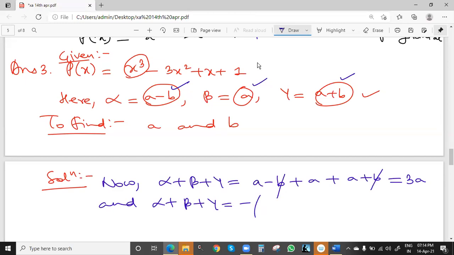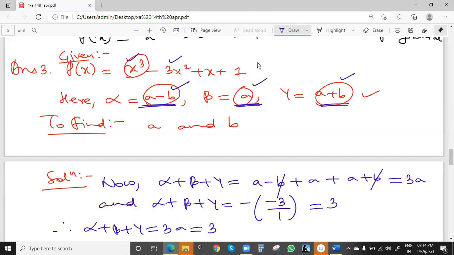Minus b by a will be minus of b by a. b is minus 3, a is 1, because here b and a are coefficient values. Please don't confuse them with the given values in terms of a and b. So minus b by a, minus b is minus 3, and a is 1, so that is equal to 3. Hence we can equate alpha plus beta plus gamma equal to 3a equal to 3. From here we got the a value equal to 1.